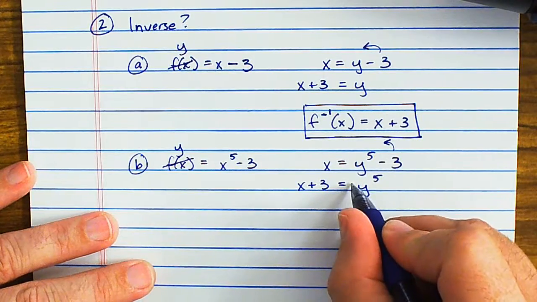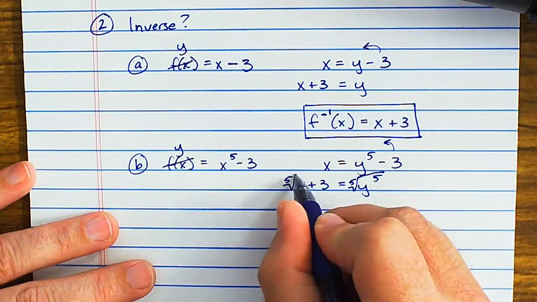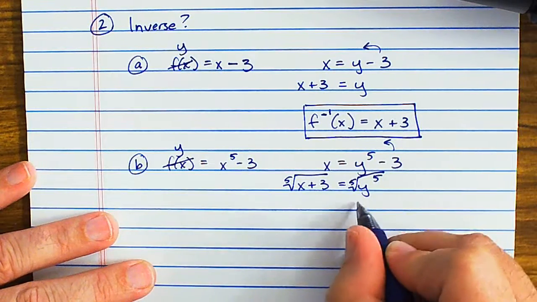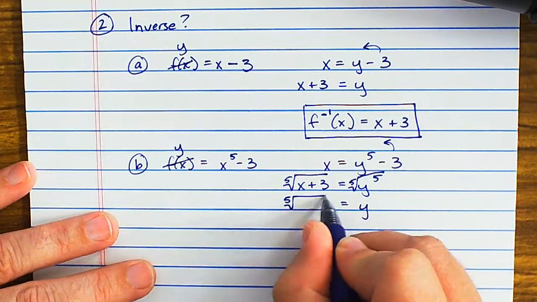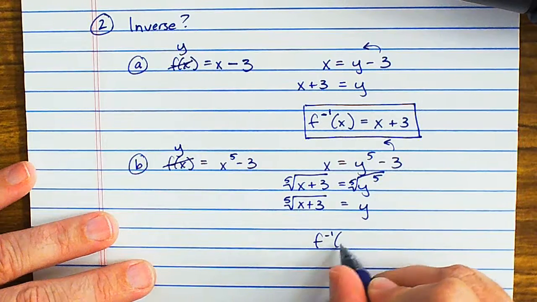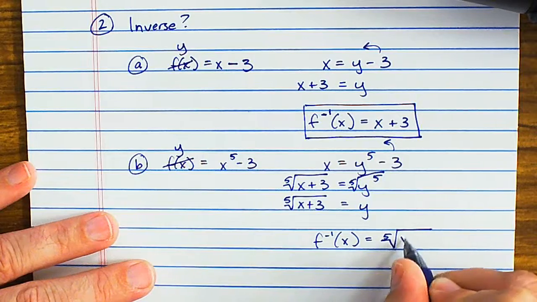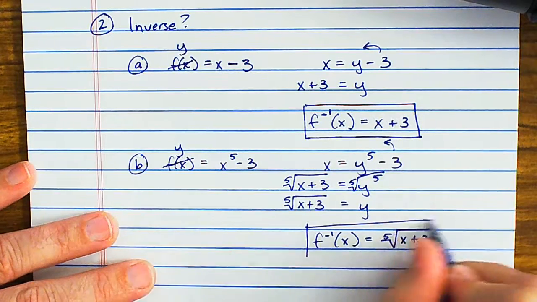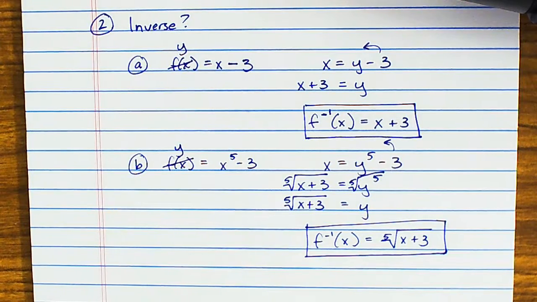And then to get rid of y to the 5th, I have to take the 5th root. That 5th root gets rid of the 5, leaving y, and I get the 5th root of x plus 3. So f to the negative 1 of x is the 5th root of x plus 3. So inverses: switch the x and the y, solve for y.